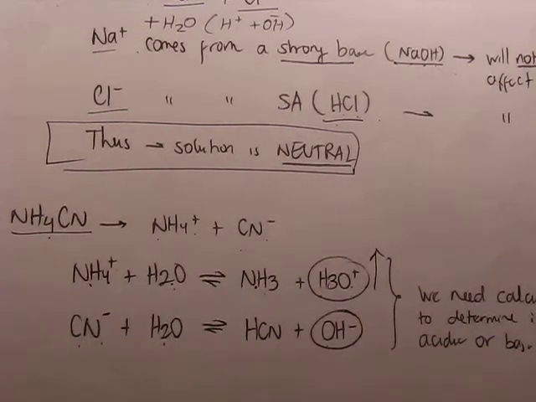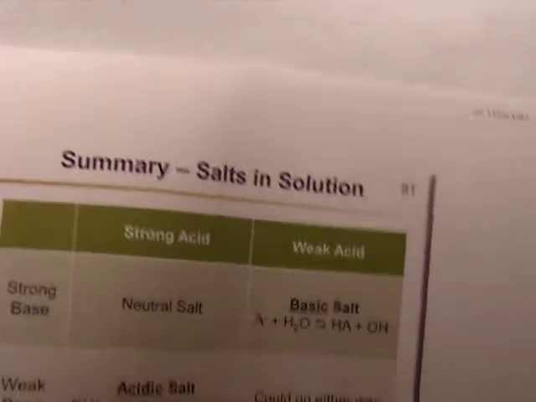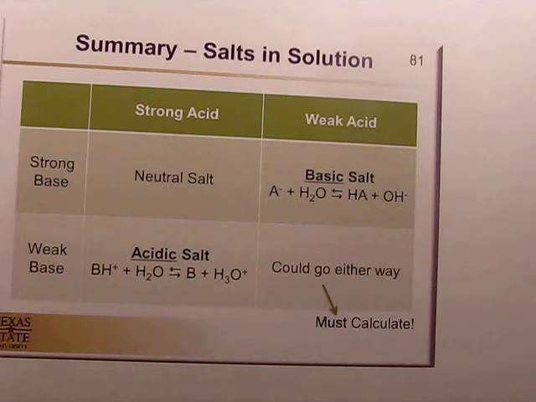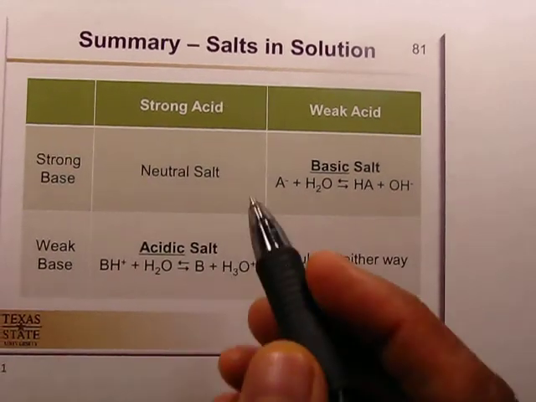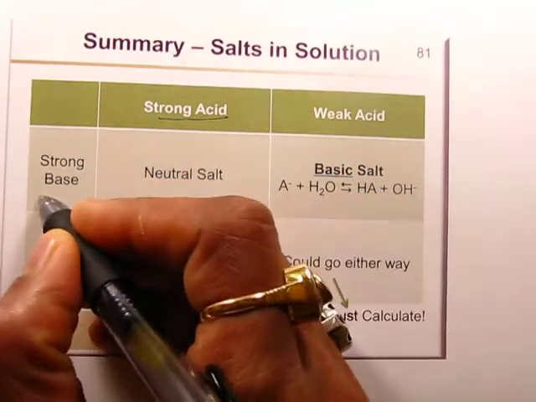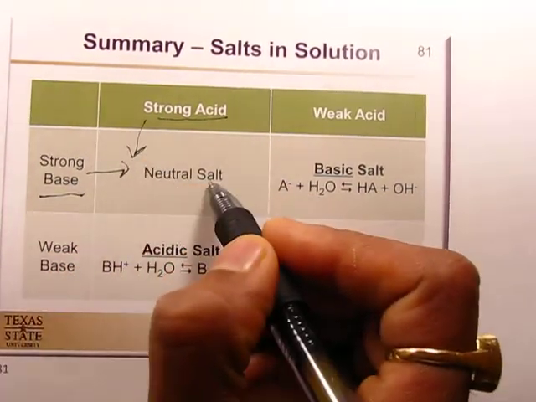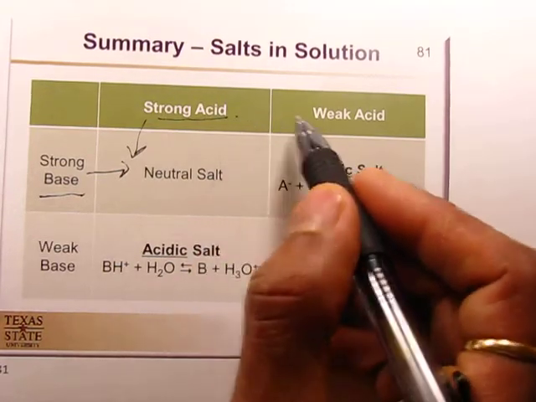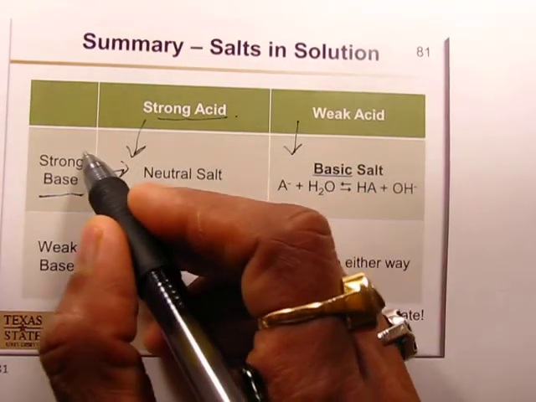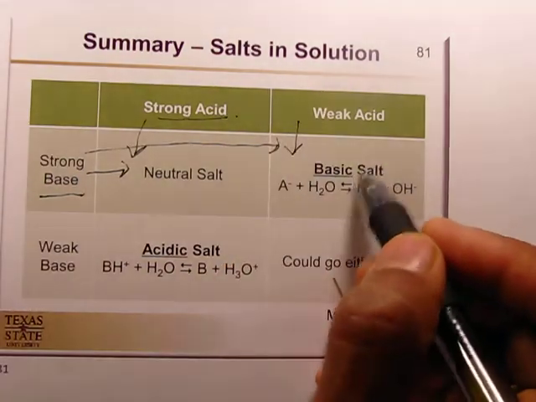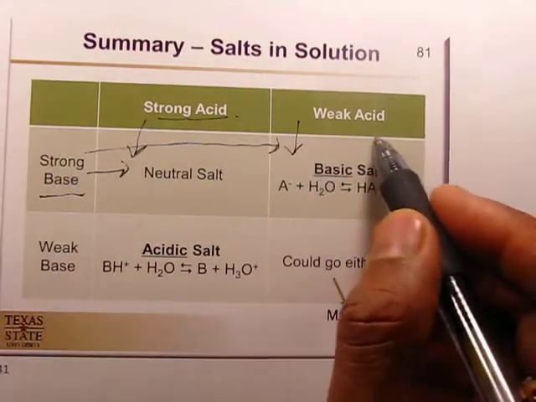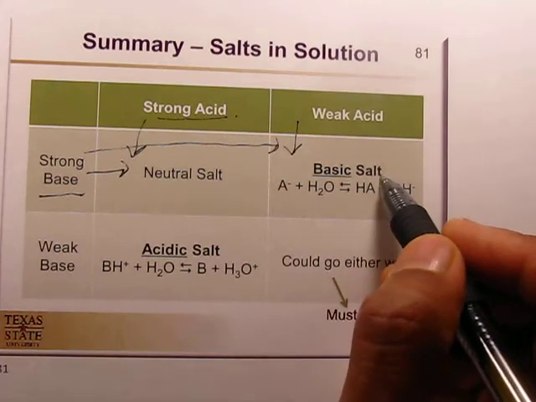If we summarize this, let me show you here. Here is this very interesting slide that shows that if a strong acid and a strong base react, they will form a neutral salt. If a salt is formed by a weak acid and a strong base, it will give us a basic salt.